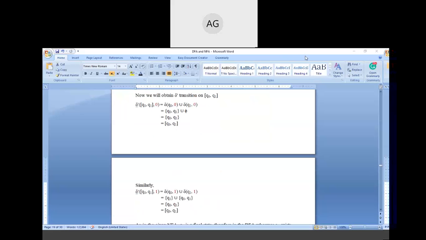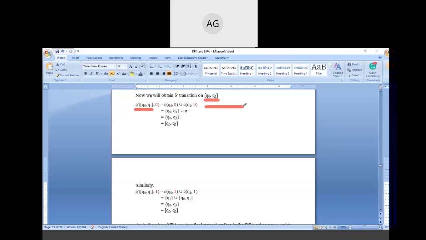Now we get the new state as Q naught and Q1. So how will we get the entries corresponding to the input symbols 0 and 1 of this new state, as del dash Q naught Q1 with input symbol 0?